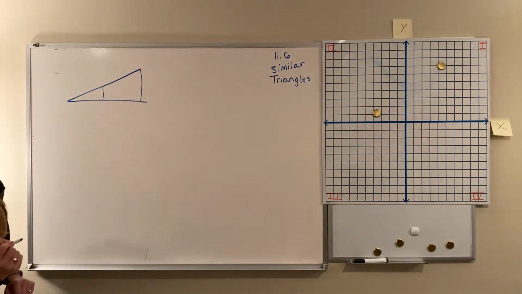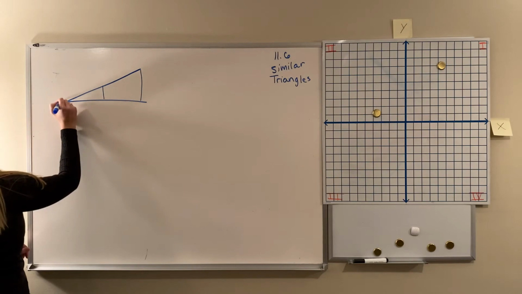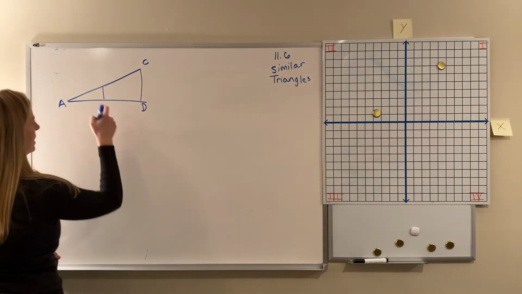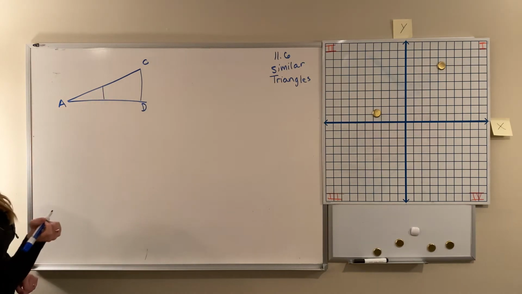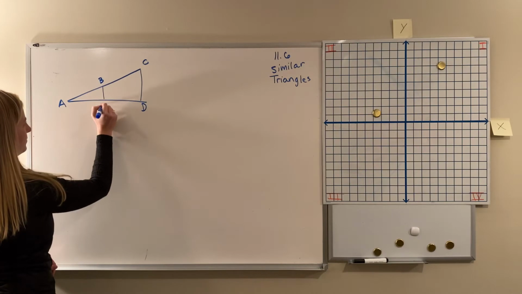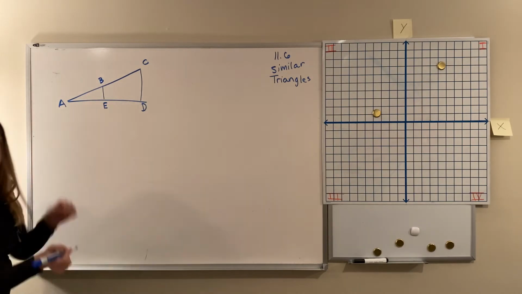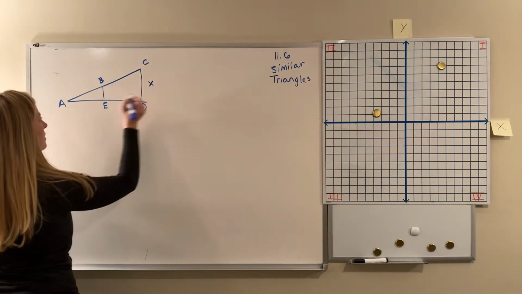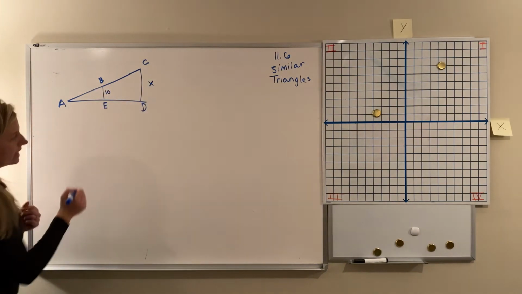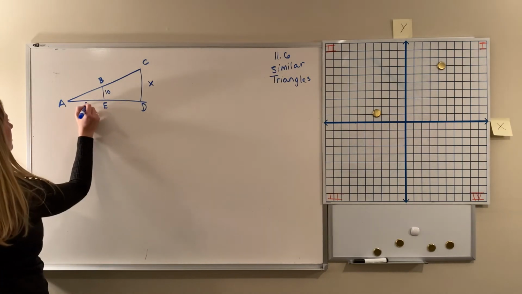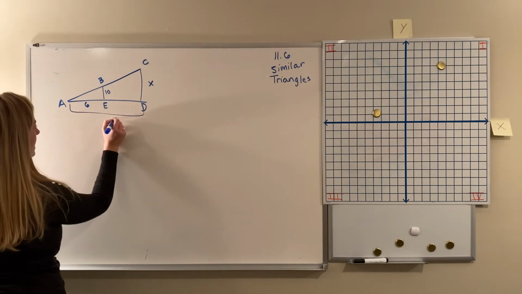And they tell us the big triangle is A, C, D. And the smaller triangle is A, B, E. They tell us the height of the big triangle is X. The height of the small triangle is 10. The length is 6. And the length of this one is 9.